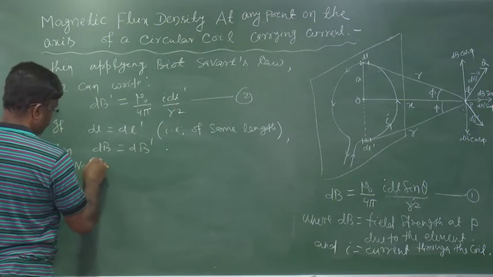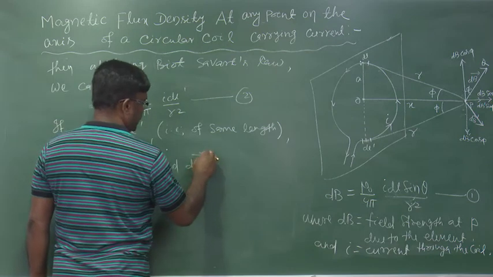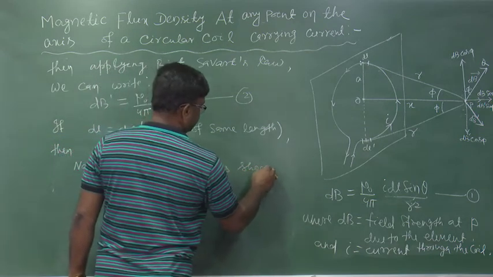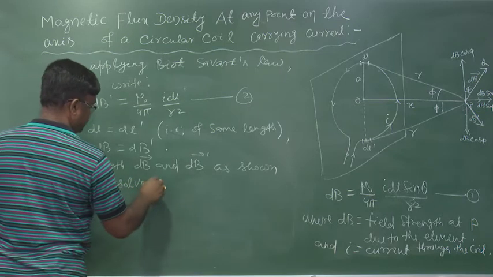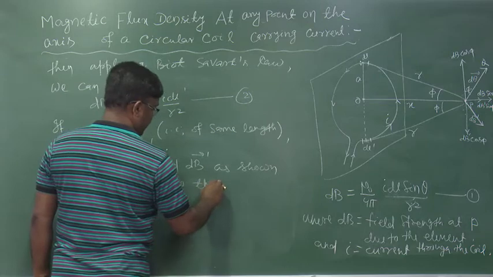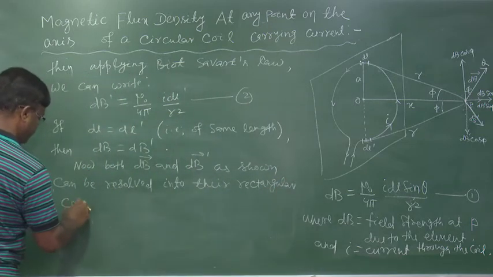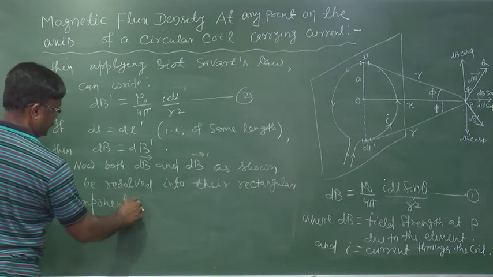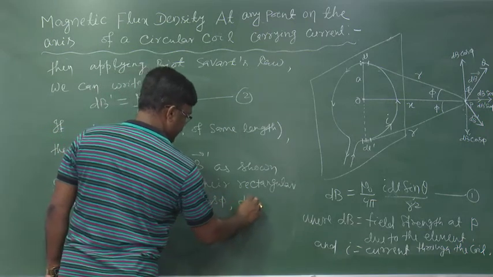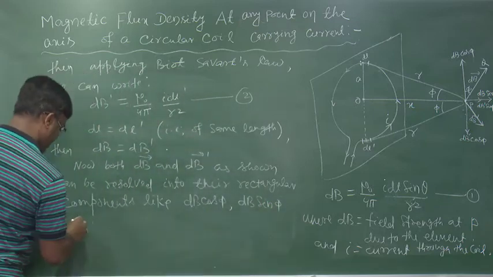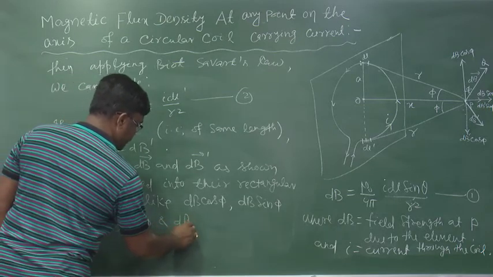Now both dB vector and dB dash vector as shown can be resolved into their rectangular components, like dB cos phi, dB sin phi, and dB dash cos phi and dB dash sin phi.